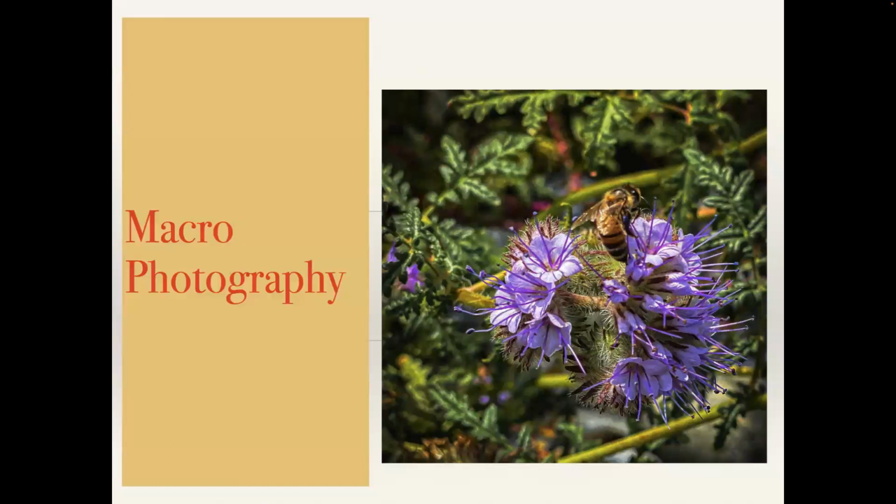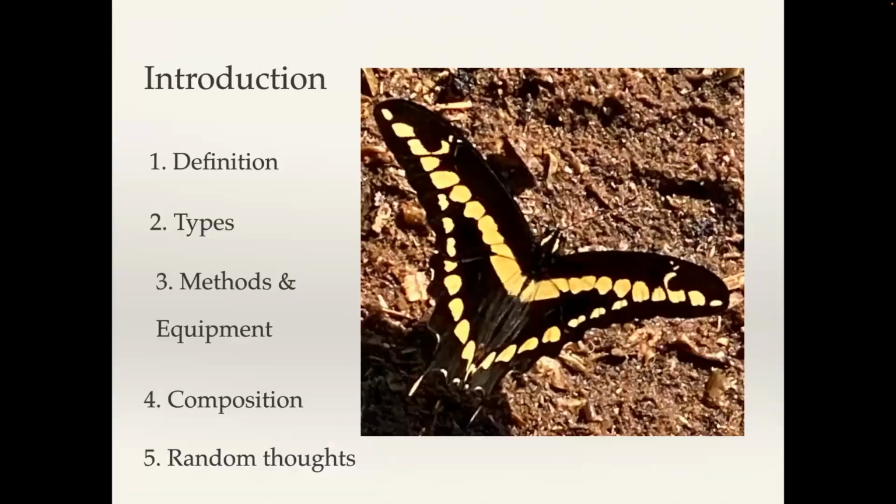Nice. So this is about macro photography. We'll start off with a little bit of a definition, some types of photography through macro, talk about some equipment, composition, and then some random thoughts.